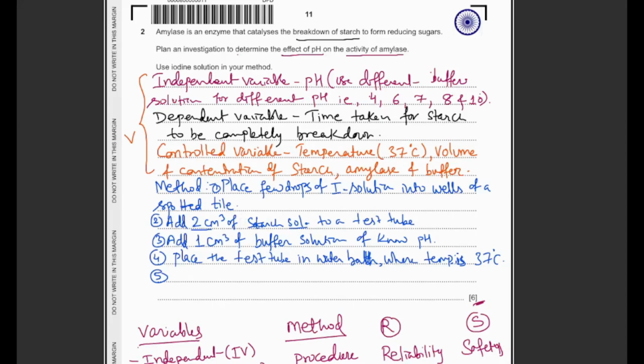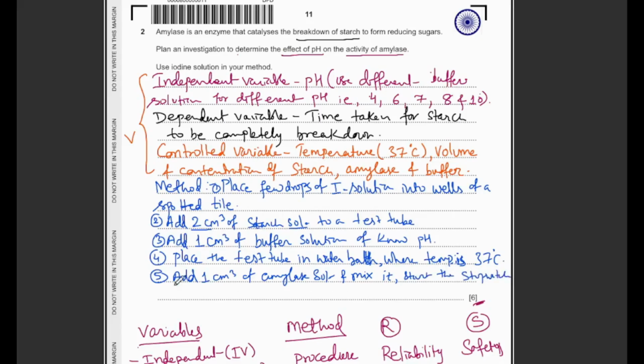So place the test tube in the water bath with the temperature kept constant at 37, and now add 1 centimeter cube of amylase solution, okay, and mix. Okay, add 1 ml of amylase solution and mix it and start the stopwatch.